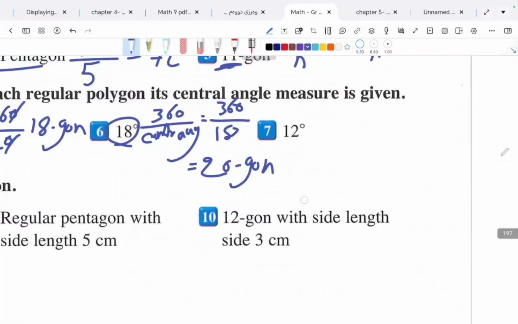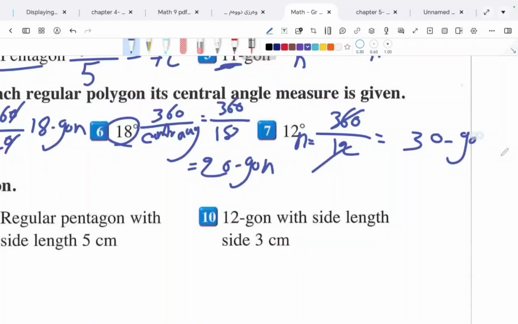Okay, the last one, again, the central measure is given. How to find n? It will be 360 divided by the central measure, which equals 12. 36 divided by 12 equals what? Equals 30 sides, or 30-gon.